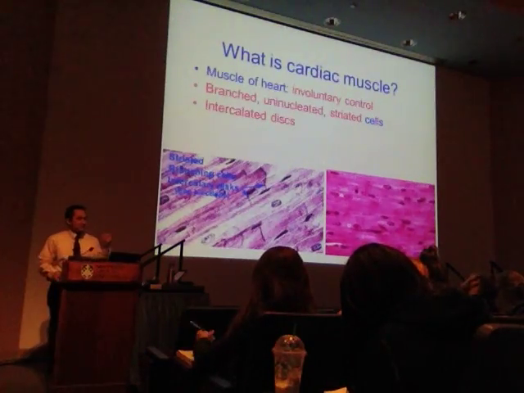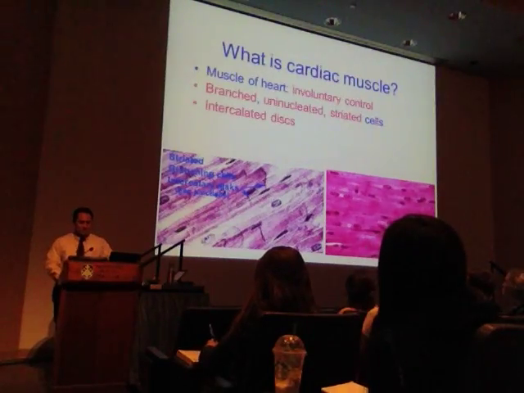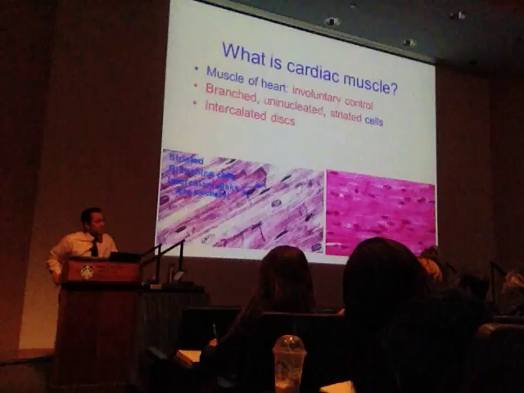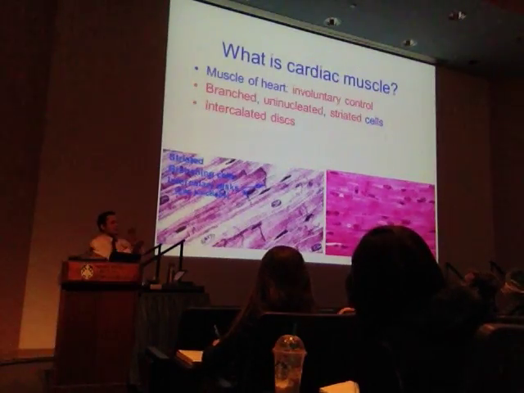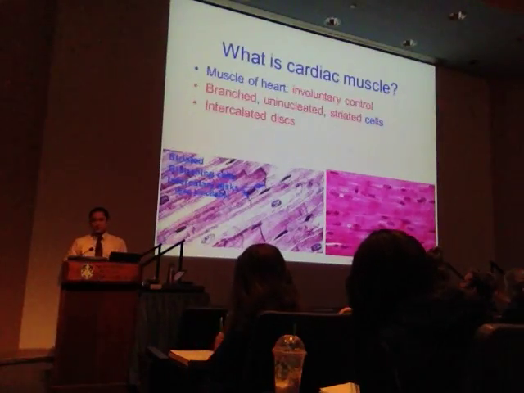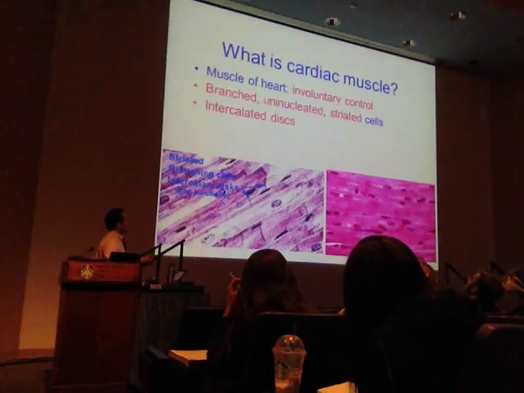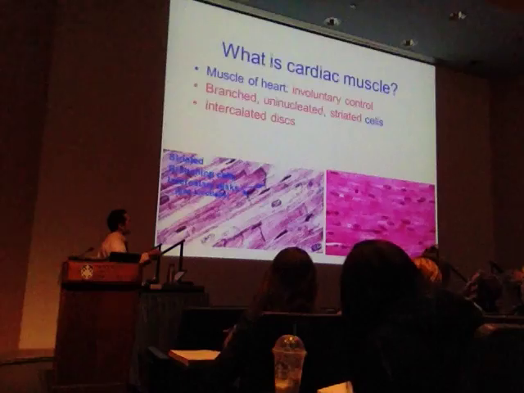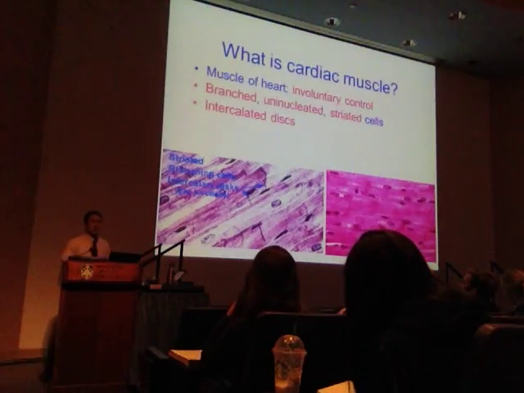It's branched instead of unbranched like we saw with skeletal muscle. They are uninucleated, meaning they only have one nucleus. They're still striated because they have the same type of actin and myosin architecture inside the cell. So we still see the striated appearance. What am I talking about with the striations? Do you see these little bands right here? They're going light and dark. That's the striations that I'm talking about.